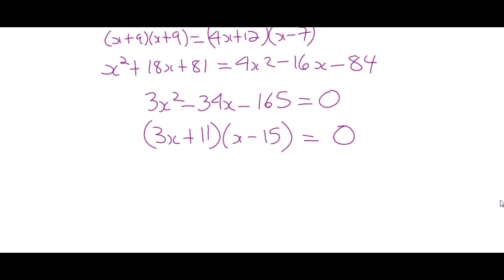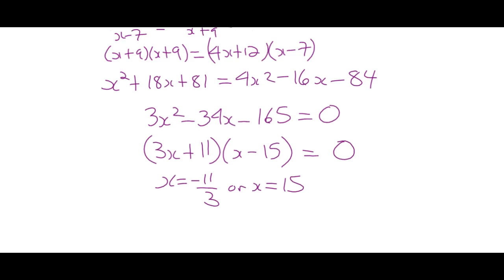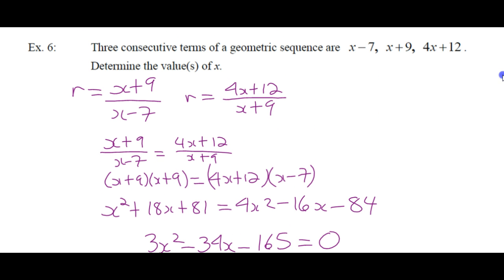And so what you could do is take b squared minus 4ac, which is the discriminant, and then take its square root, and that'll help you figure out what the roots are likely going to be, and you can work back to the factors. So x is negative 11 thirds, or x is 15. Okay, so two possible values.